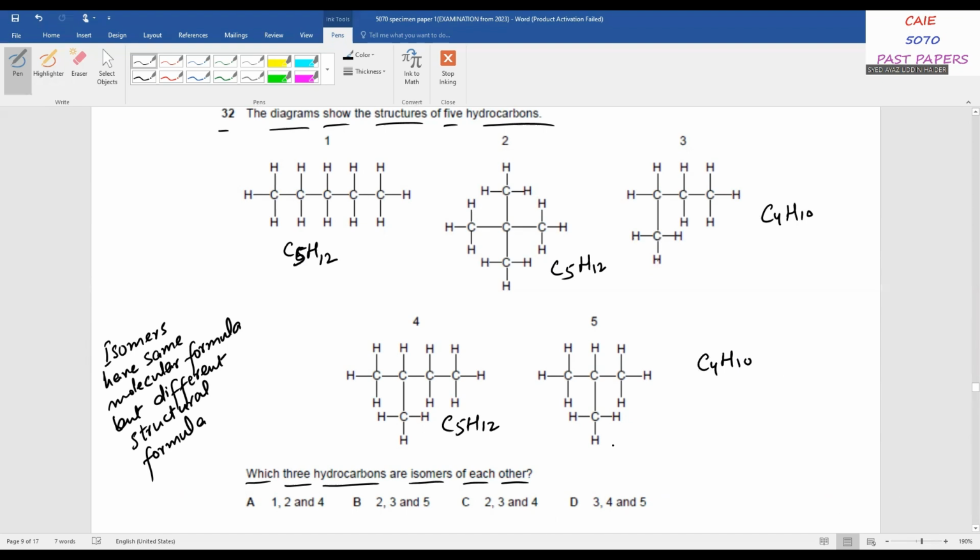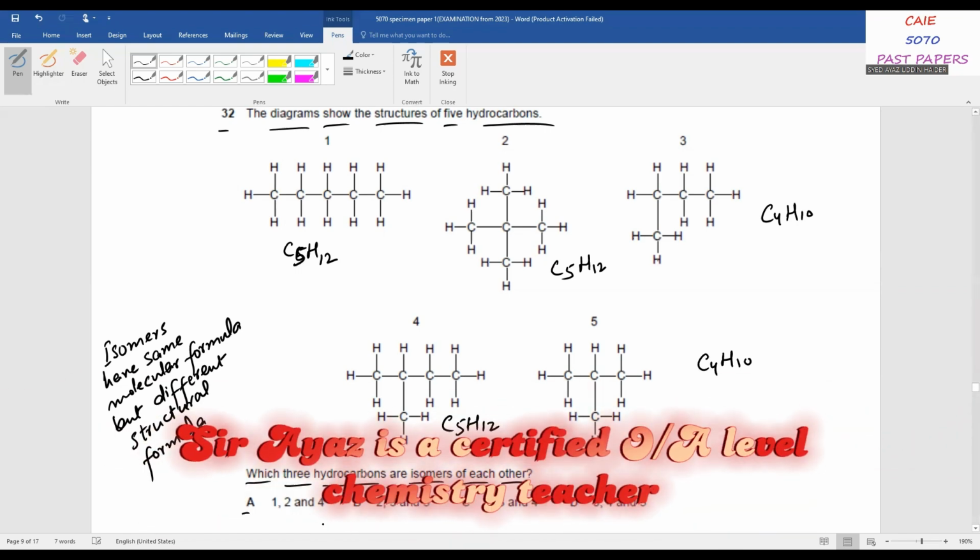So if you look at these structures carefully, we have 1, 2, 4. These are the isomers. And 3 and 5 are also isomers. So if you look at the choices, in A you have 1, 2, and 4. This looks correct to me.